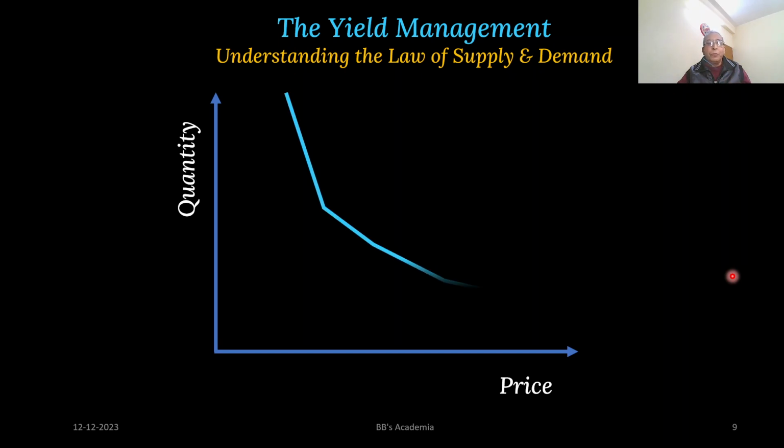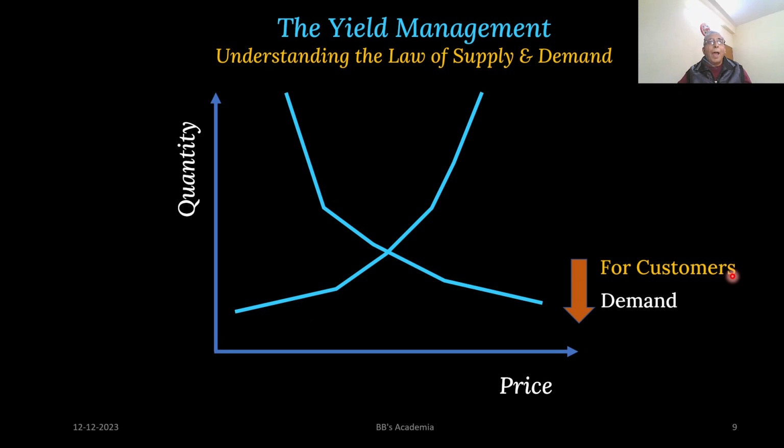Let us see first from the customers' point of view: for customers, demand is low when the price is very high, and in case of supplier, supply is high for the sellers even if the price is high at that point.